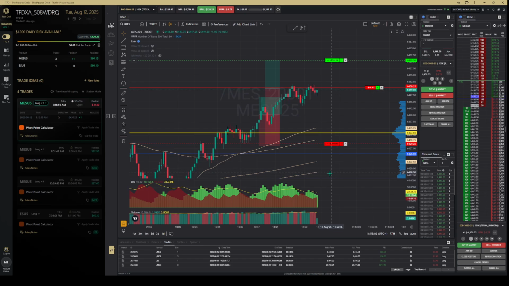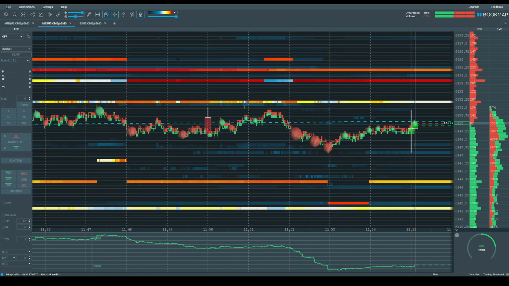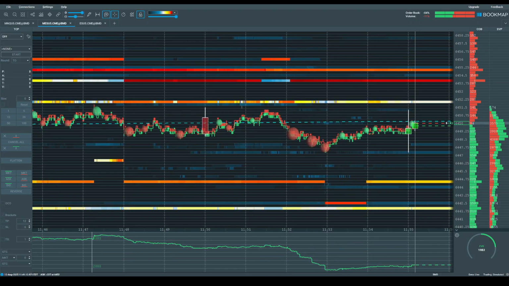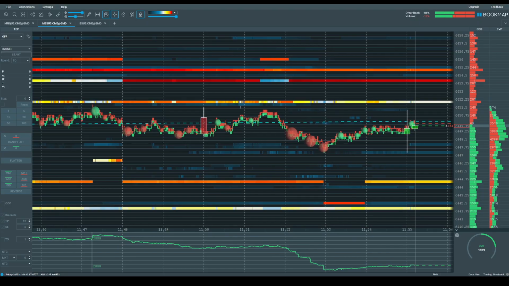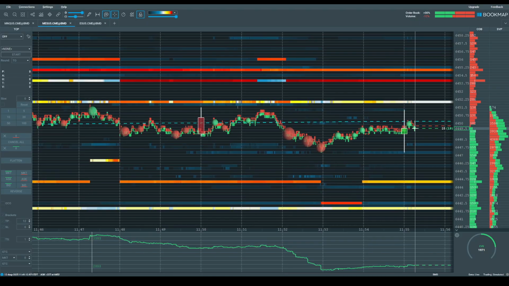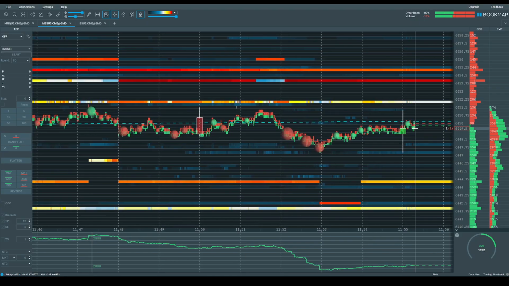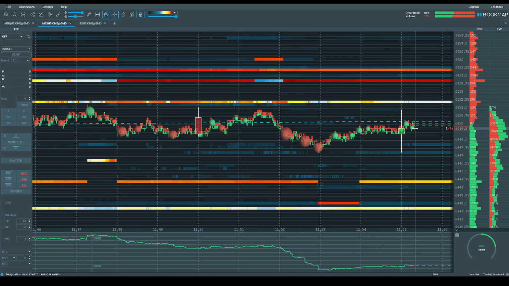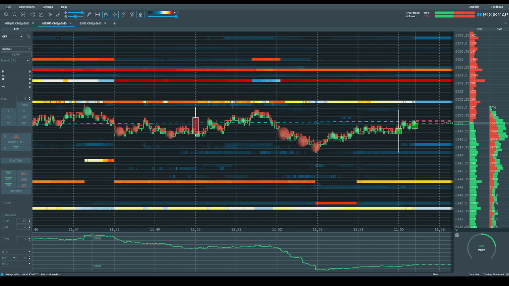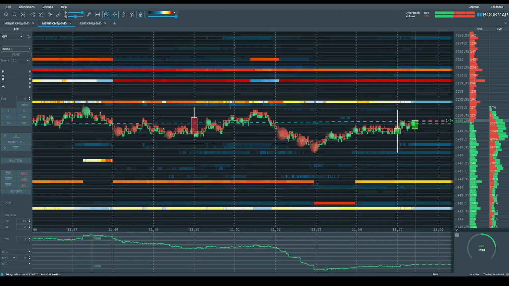Looking at Bookmap, there's not a ton going on above or below, and CVD is pretty flat. There's a little bit of aggressive buying happening, but we're still pretty flat here. So I guess technically I need to stay in the trade.